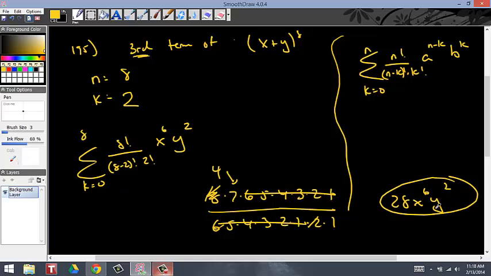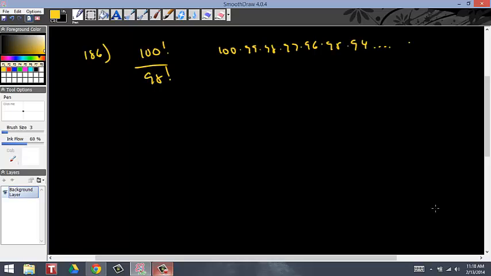Okay. Some people were asking me yesterday in both this class and in period 4, why is it that when I do number 186 and I pump it into my calculator, I get an error? It says error overflow. Of course you're going to get an error overflow. You know what 100 factorial is? It's 100 times 99 times 98 times 97 times 96 times 95, 94, all the way to times 1.